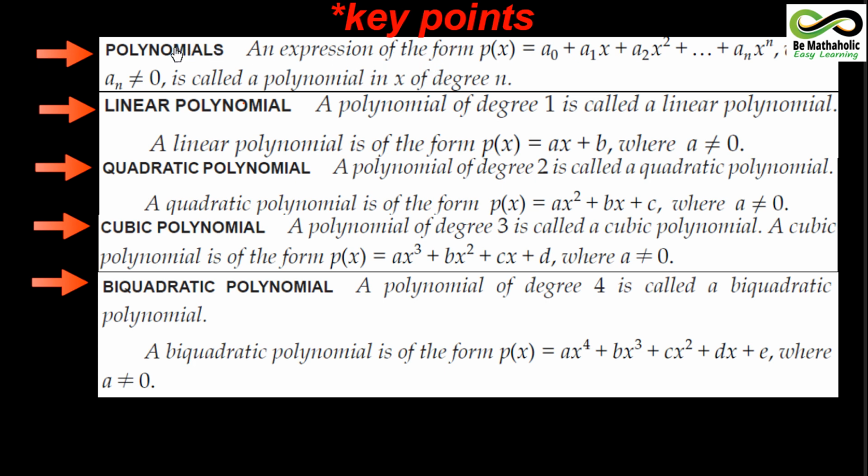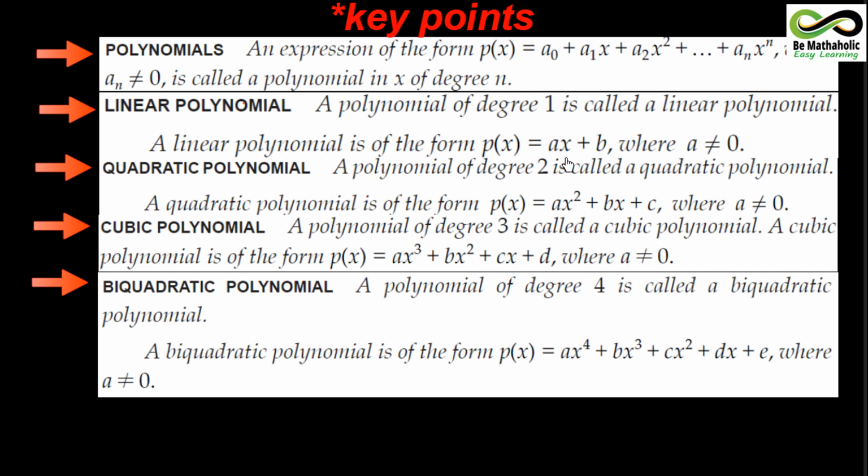What we are studying in this chapter is the different types of polynomials. One amongst these is the linear polynomial. A polynomial of degree 1 is called a linear polynomial.